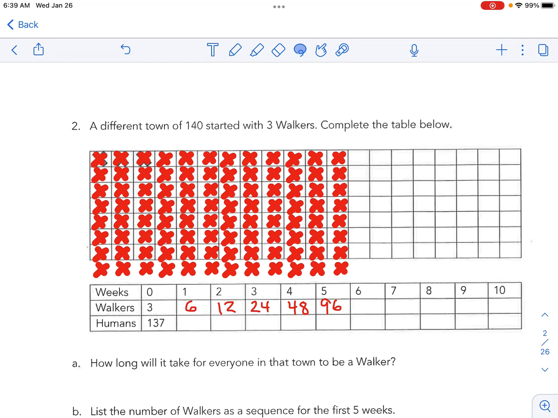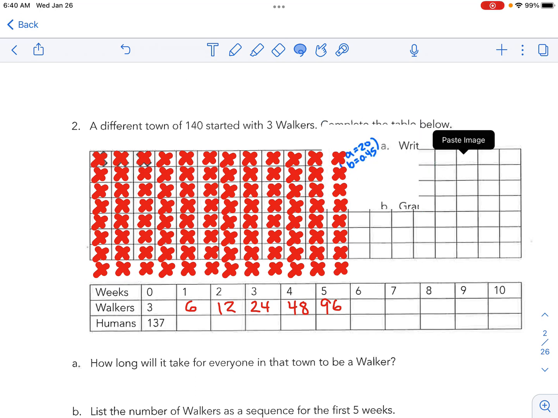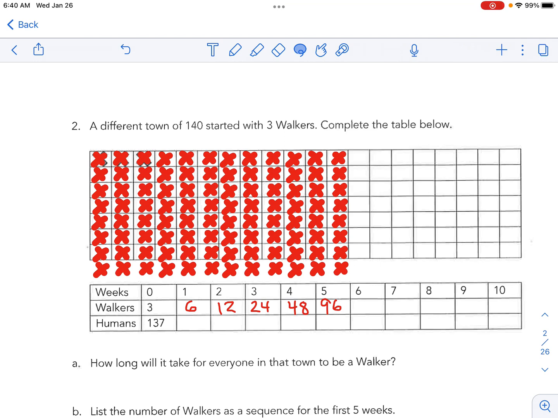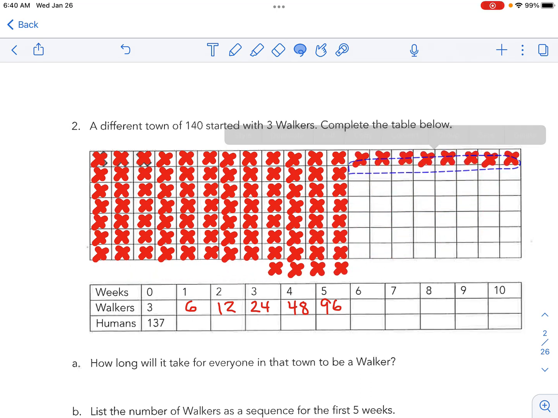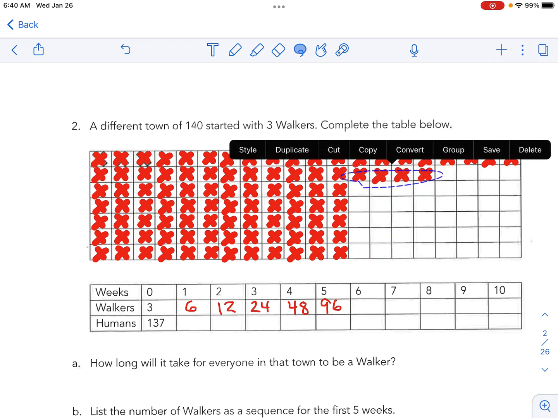And let me move these zombies back into the village here. So I'm just going to grab 1, 2, 3, 4, 5, 6, 7, 8. I'm going to grab these 8 zombies, get them back into the village. Grab these 4 zombies, get them back into the village.